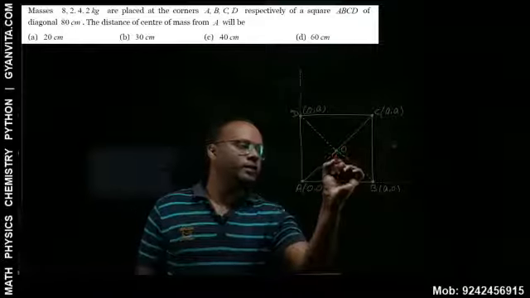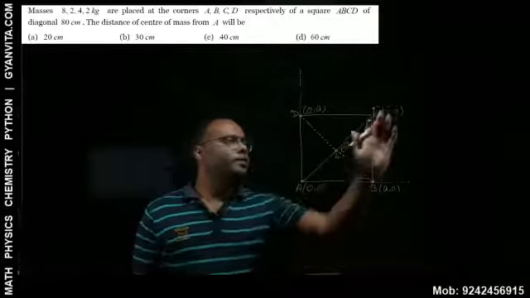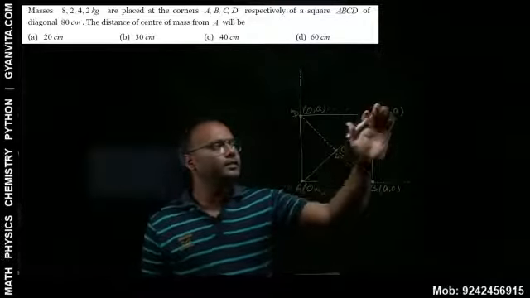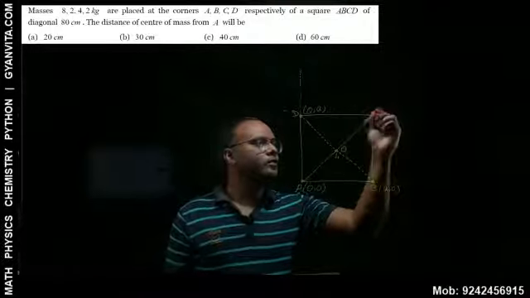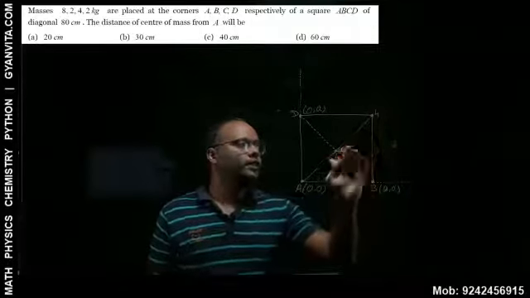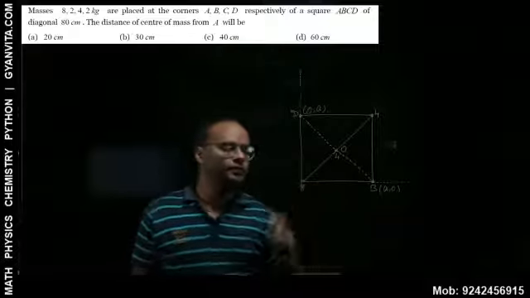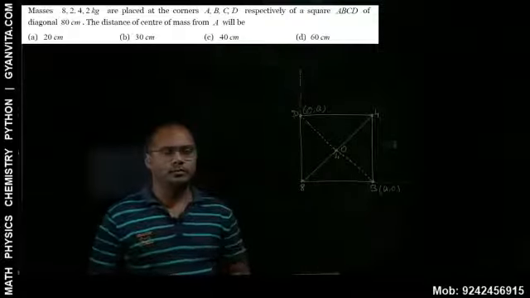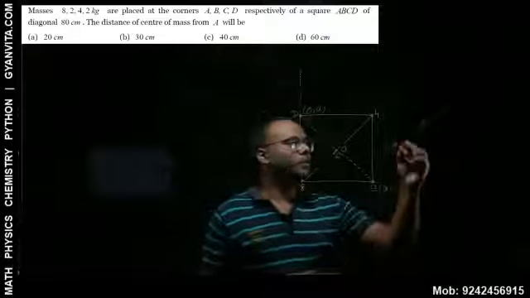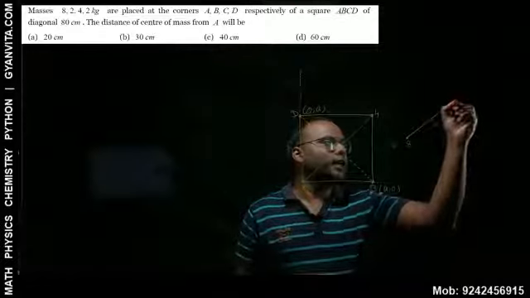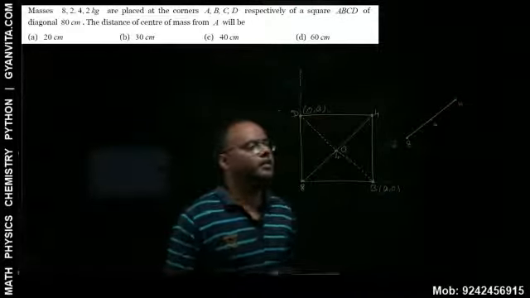That is 4. So here at A there is 8 and at C there is 4. So let it be 4 here, 4 here, and this mass here is 8. Now this is the system. You have on a straight line, mass 8 kg, at the center 4 kg, and on this side another 4 kg.